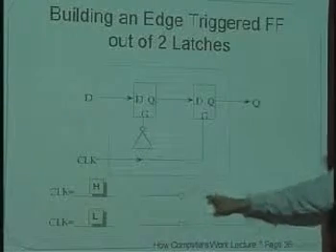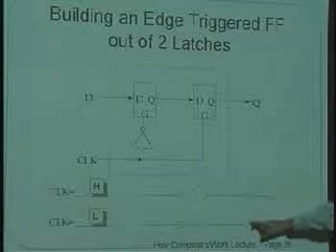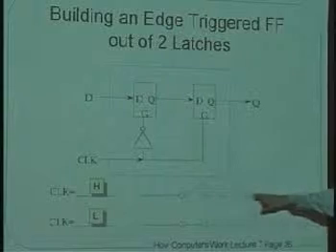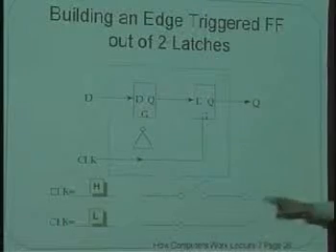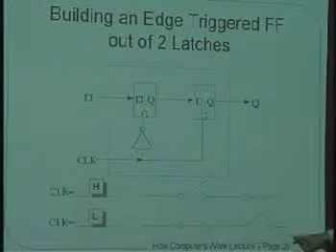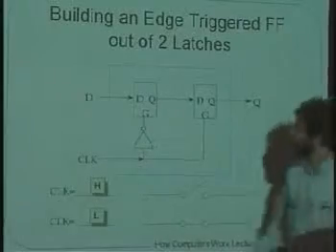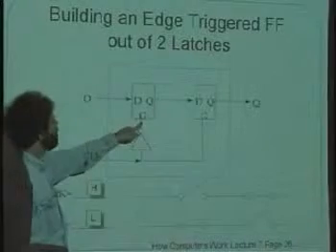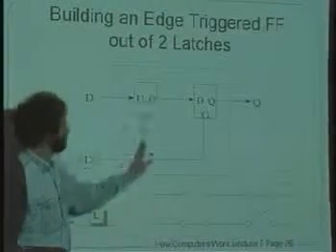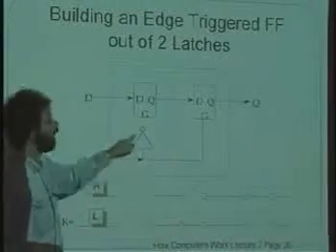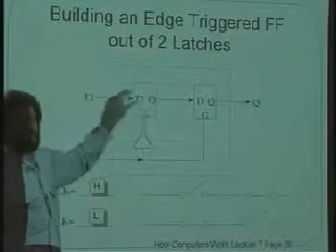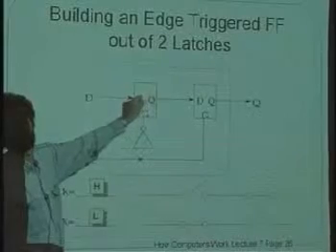In other words, thinking about the transparent latches like a set of switches like this, we go from a circuit with a topology like that to a circuit with a topology like this. Let's think this through. When the clock is low, this one here is high, so this one is transparent. Now the clock goes from low to high. This G goes from high to low, and this transparent latch holds on to the data.